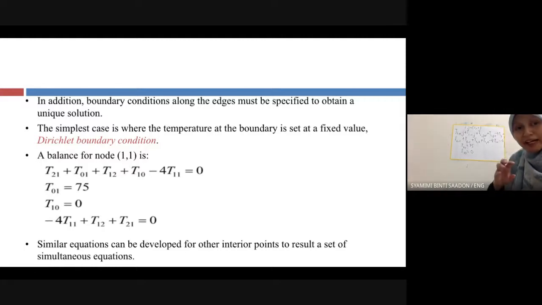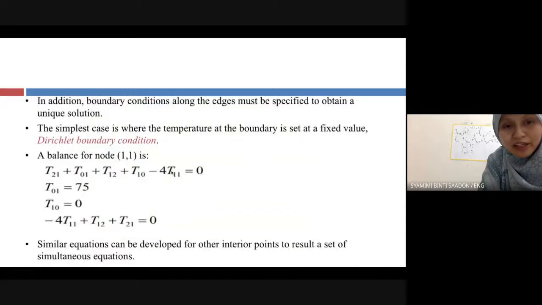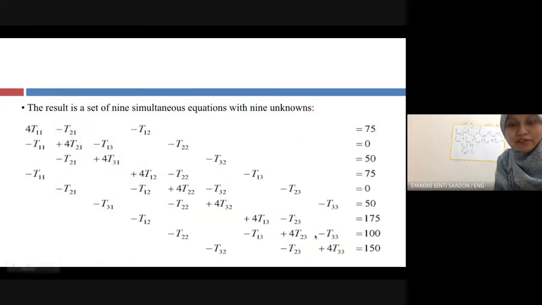So if we apply this Laplacian equation for all the nodes, 1,1, 2,1, 3,1, for all the 9 nodes, we will get a set of algebraic equations, or a matrix equation. This one equals 75, not 0. So we write it like a linear algebra equation, in matrix form. We get this set of 9 simultaneous equations of 9 unknowns, because we have 9 nodes.